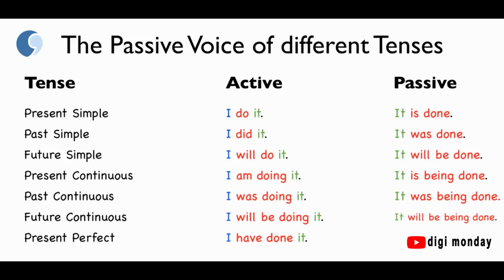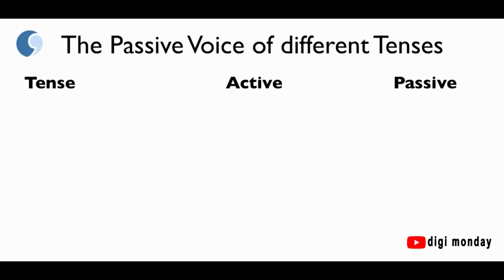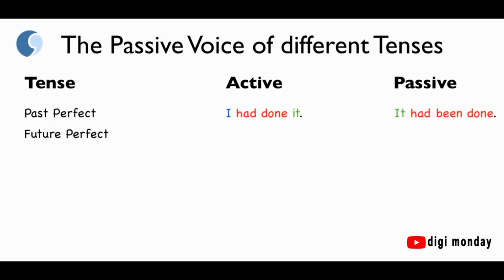It has been done. Past perfect, I had done it. It had been done. Future perfect, I will have done it. It will have been done.